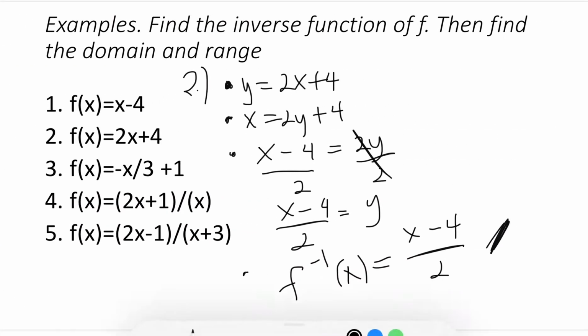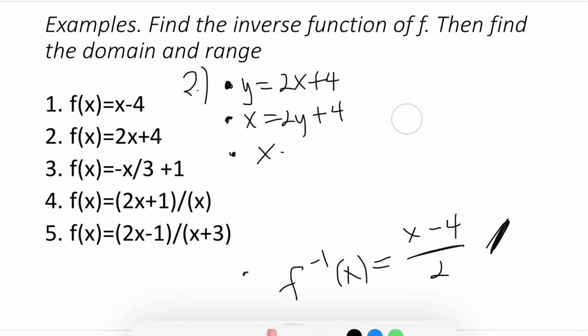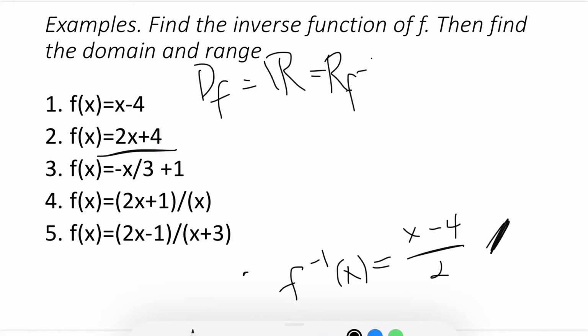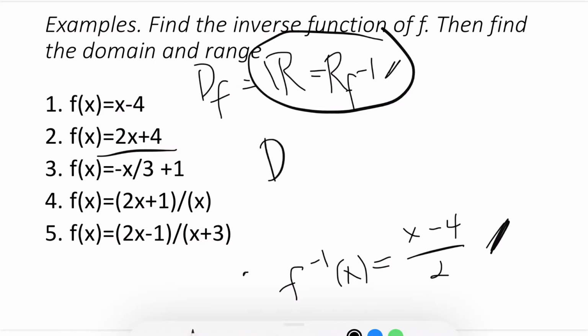Next, example 2. Again, it's a polynomial. This is a polynomial, so the domain of F is the set of real numbers and will become the range of F inverse. Now for the domain of F inverse, let's look at this.